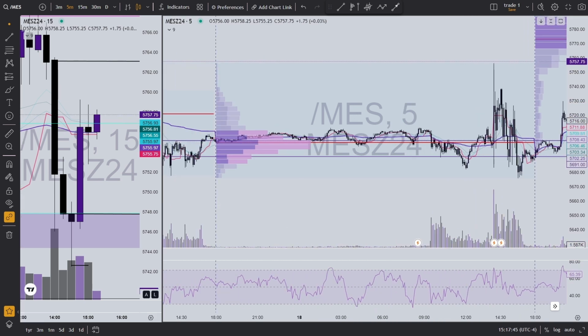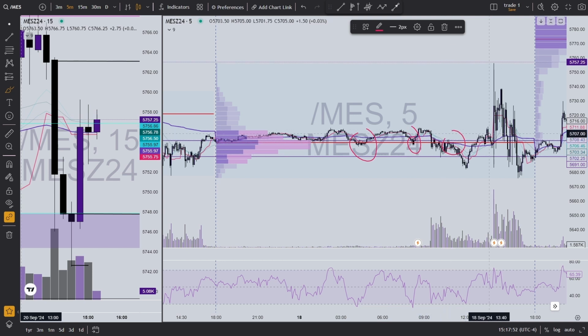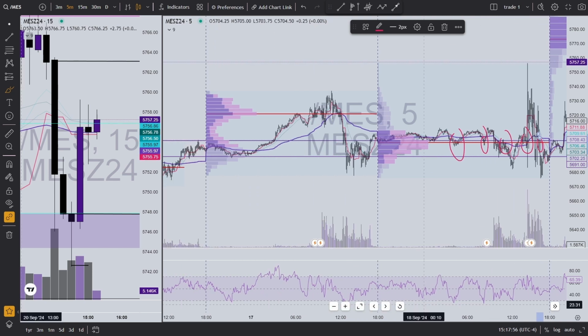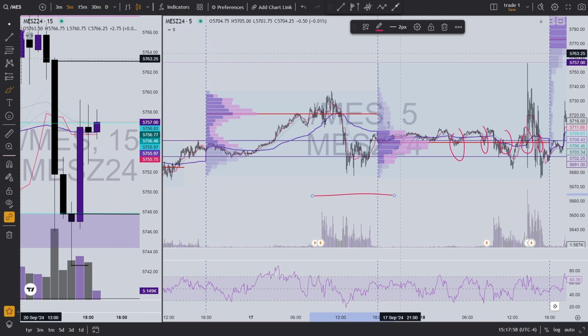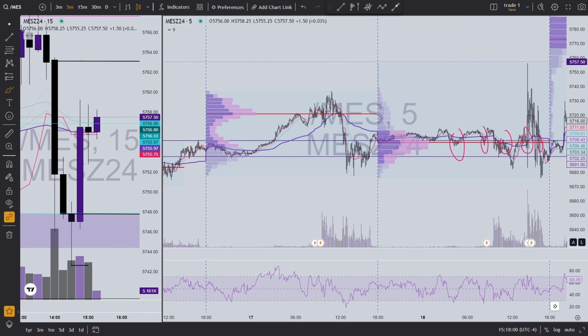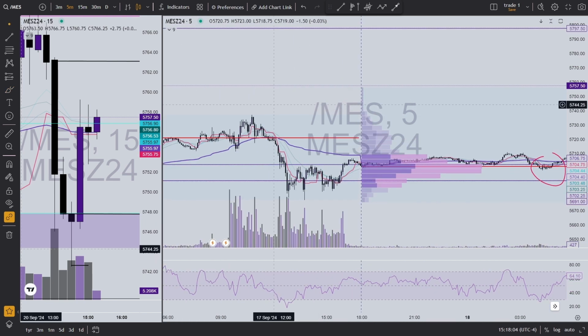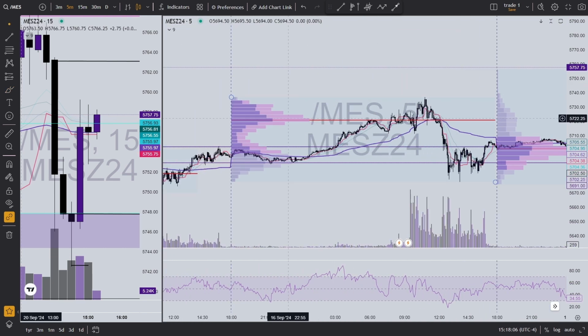If we were to take a little marker, we could see that around that area we traded quite a bit. One more time, we'll go over here to Tuesday, and we can see that on the books, the highest traffic was usually around 5721.